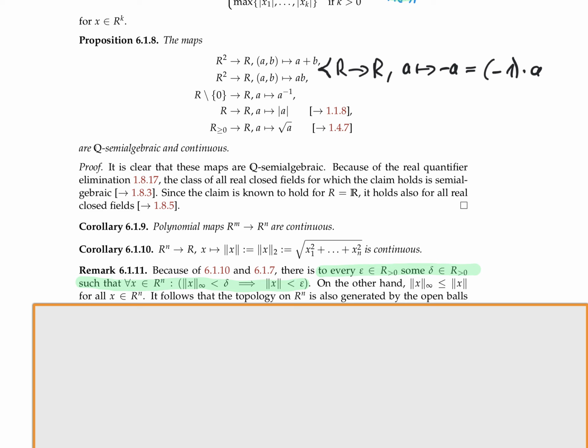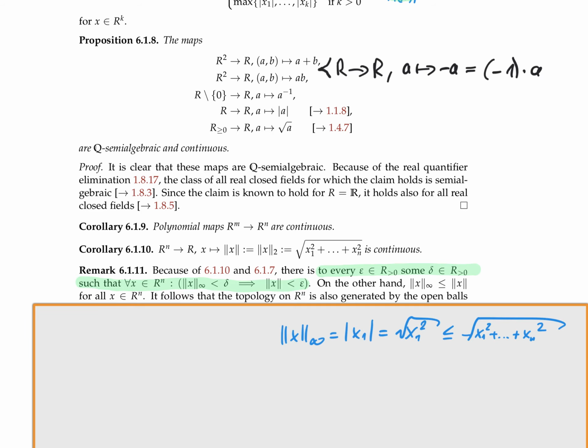For example, if x_1 is the biggest component of x in absolute value, then the infinity norm of x is the absolute value of x_1, and the absolute value of x_1 is equal to the square root of x_1 squared, and this is less than or equal to the square root of x_1 squared plus etc. plus x_n squared.